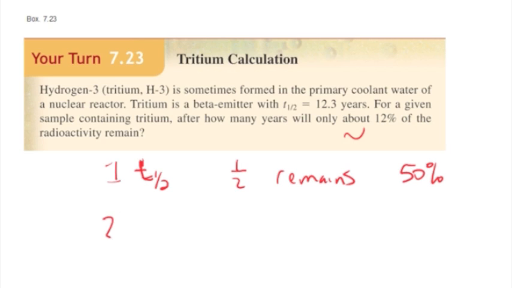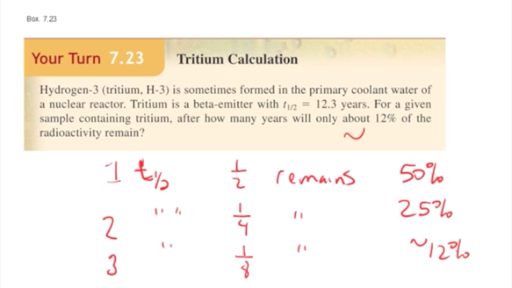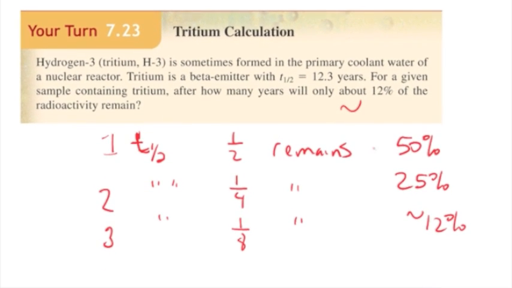And then after two half-lives, only 1/4 is going to remain, and that would be 25% remaining of the original sample. After three half-lives, that would mean 1/8, because it's 1/2 of 1/4 that would remain, and that's about 12%. So it's 12.5, but they said about, so about 12%. So if we're estimating here, one half-life takes 12.3 years.